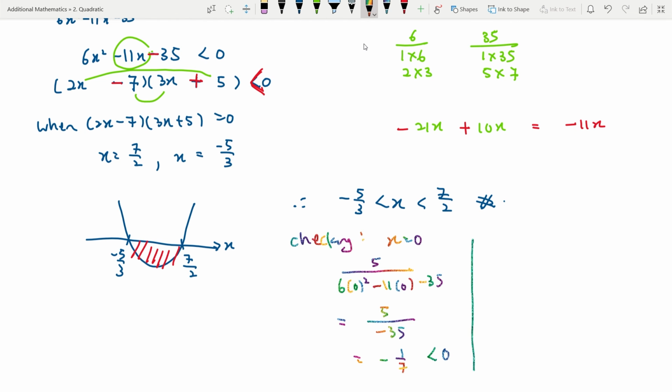We can check with a false answer as well. x equal to 5. 5 is definitely more than 7 over 2.